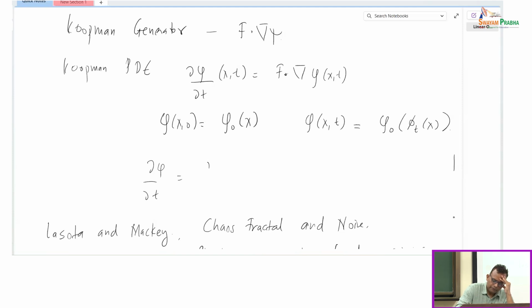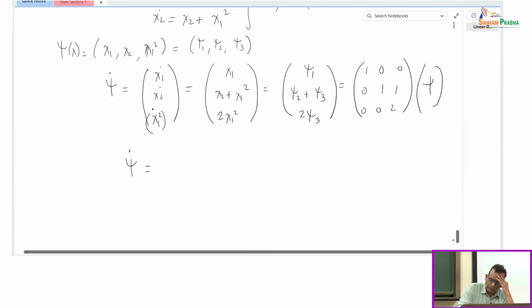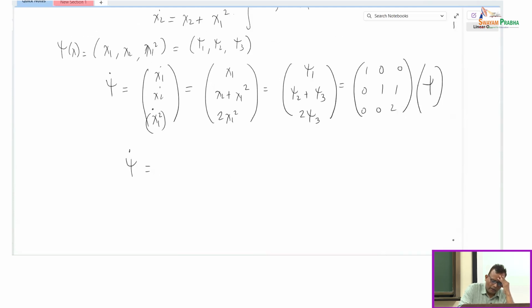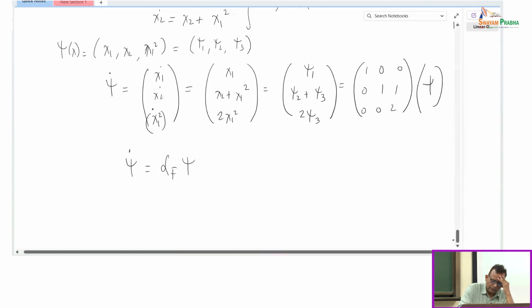The subscript F here signifies that this is the generator for the vector field F. So what we have is that your L_F now is the finite dimensional matrix given by 1 0 0, 0 1 1, 0 0 2.